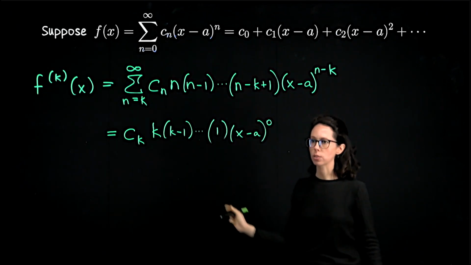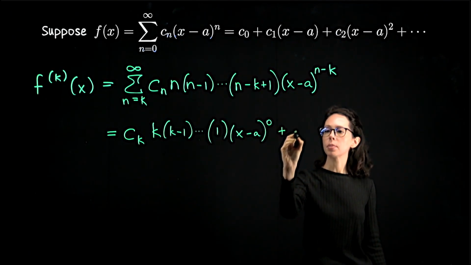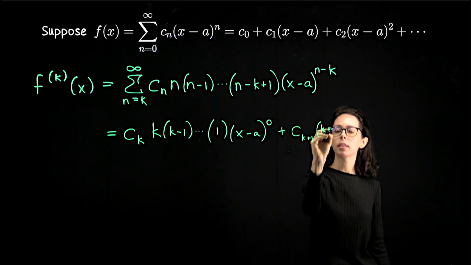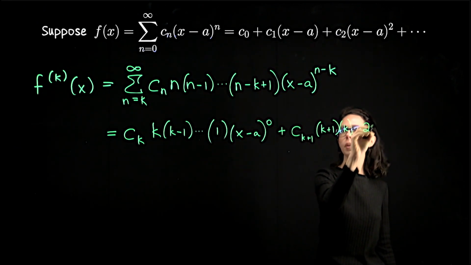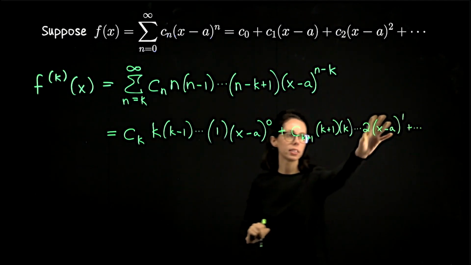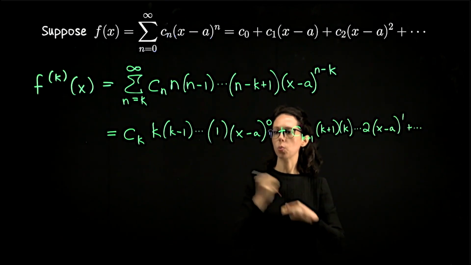Okay, so that's really just a constant. Plus the next term, so that would be c sub k plus 1 times k plus 1, k, all the way down to 2, times x minus a to the first power, and then everything after that similarly has an x minus a term.